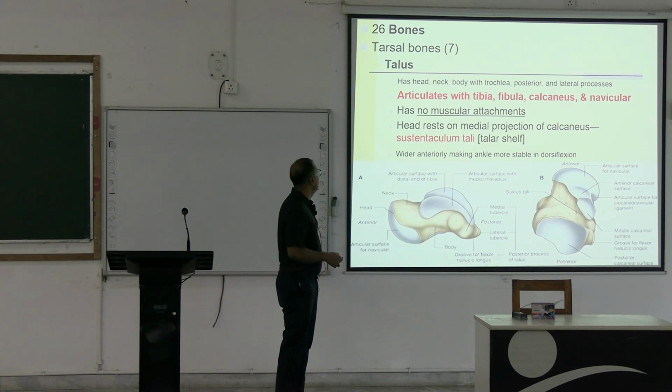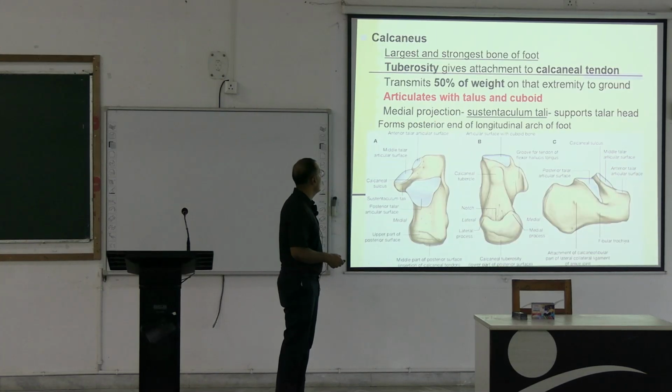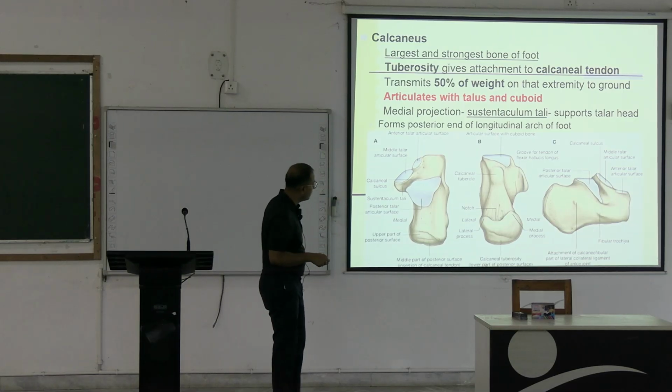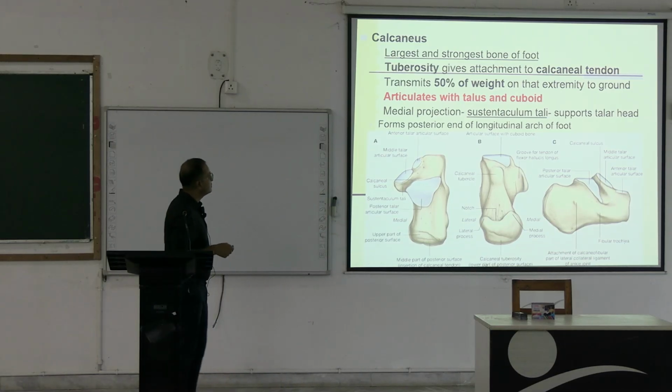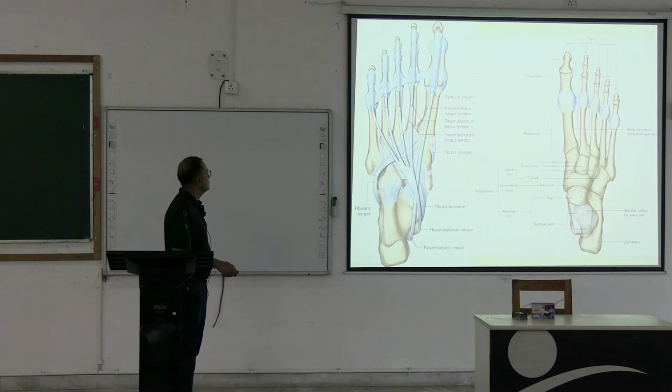Out of these, keep in mind that the talus does not have any muscle attached to it. The calcaneum has a prominence on the posterior side, the posterior tubercle of the calcaneum, which attaches to the tendo Achilles.